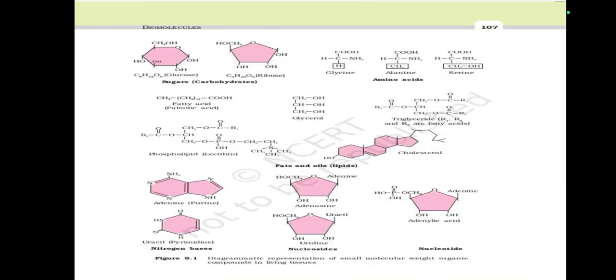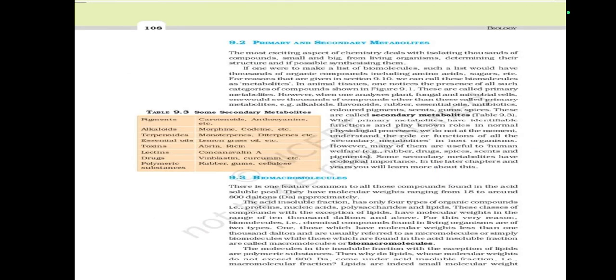Sugars, amino acids, fats and oils, nitrogen bases, nucleotides, and nucleosides form primary and secondary metabolites. The most exciting aspect of chemistry deals with isolating thousands of compounds, small and big, from living organisms, determining their structure and, if possible, synthesizing them.